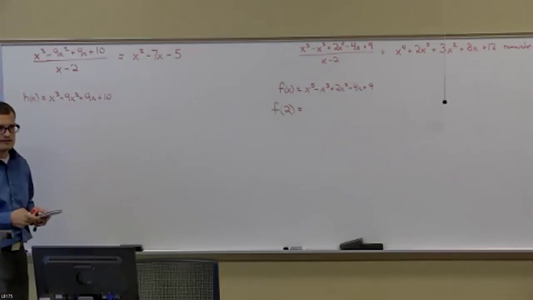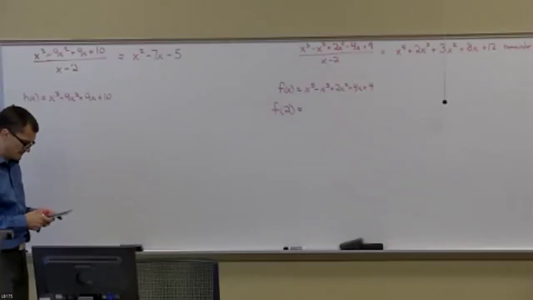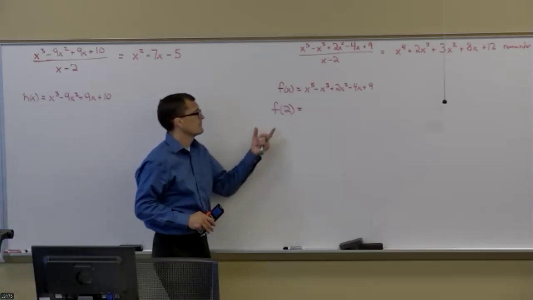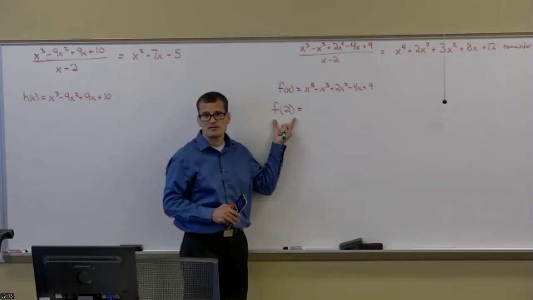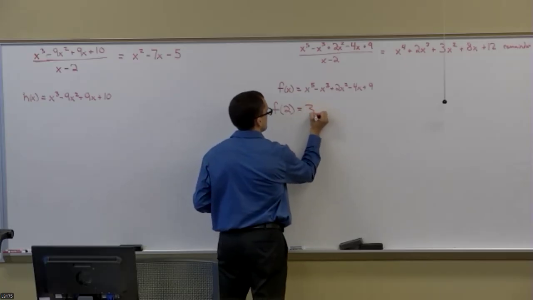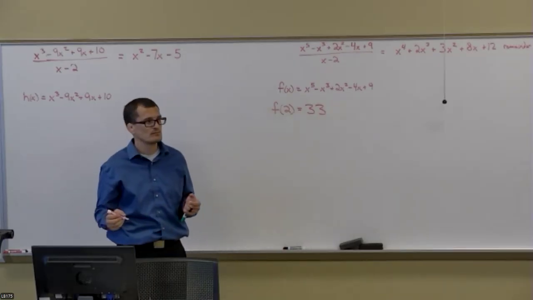Do that on your calculator. What number did you end up with? 33, right? We ended up with 33, which was our remainder.